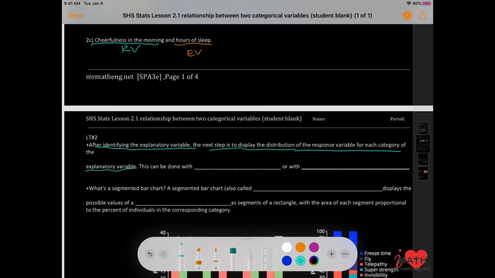This can be done with a side-by-side bar graph, bar charts, because remember, that was a categorical graph back in chapter 1. Or they call these segmented bar charts.